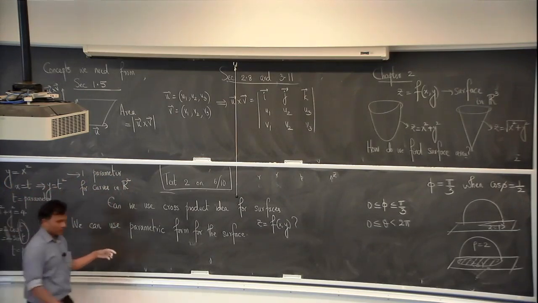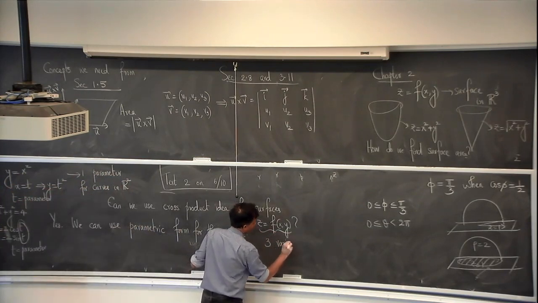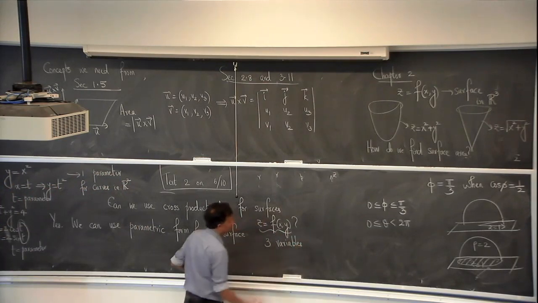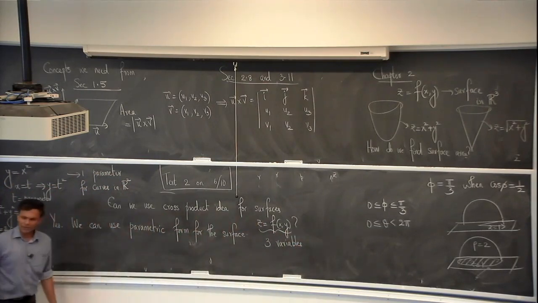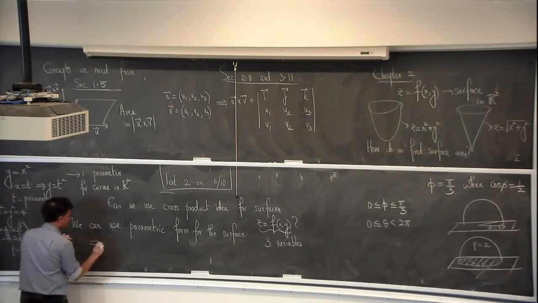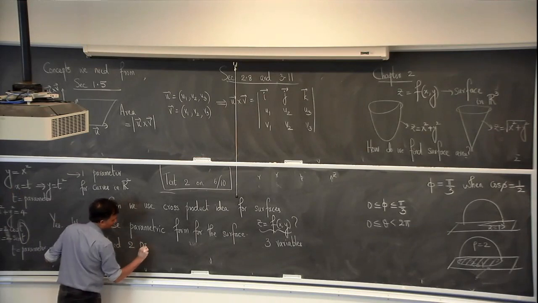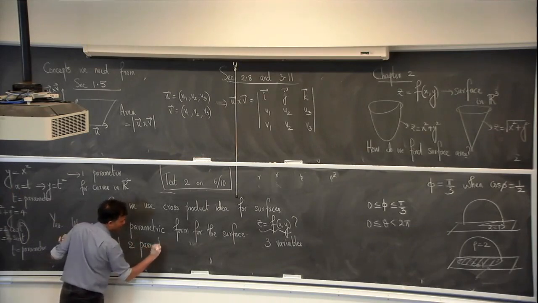Now you've got three variables. How many parameters do you think we would need? If two required one, three requires two. Okay. So we need two parameters. We will name these parameters as u and v.